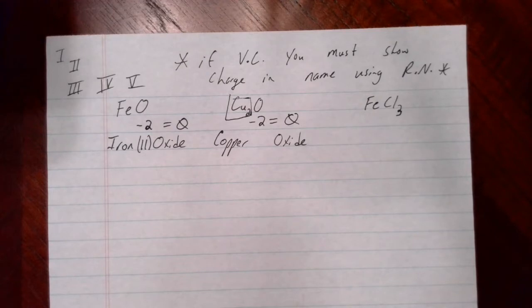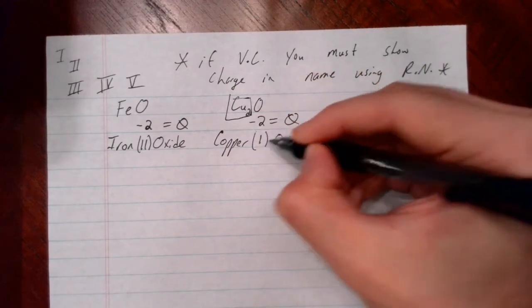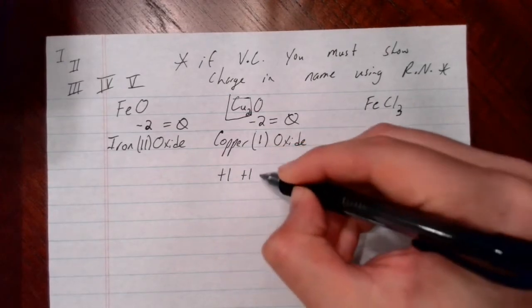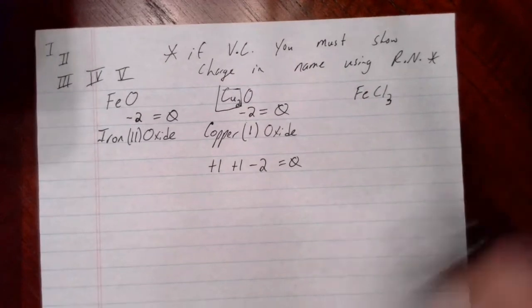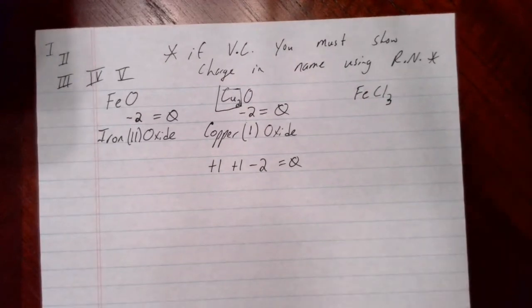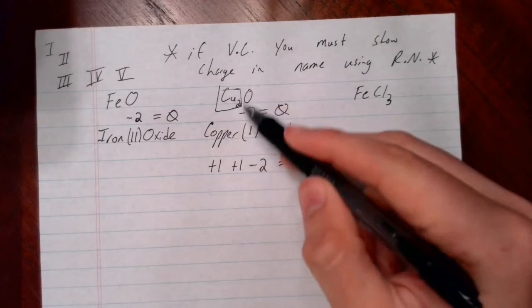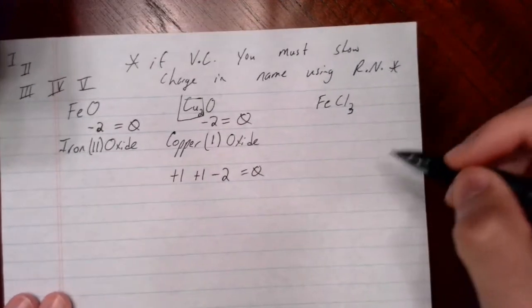If the total charge of the copper is positive 2, what does the charge of each copper atom have to be? Yeah, each copper has to be plus 1. So I have one copper plus another copper minus an oxygen with a negative 2 charge gives me a charge of 0. Notice you don't write in parentheses the overall charge for the metals, you write the charge for a single metal atom.